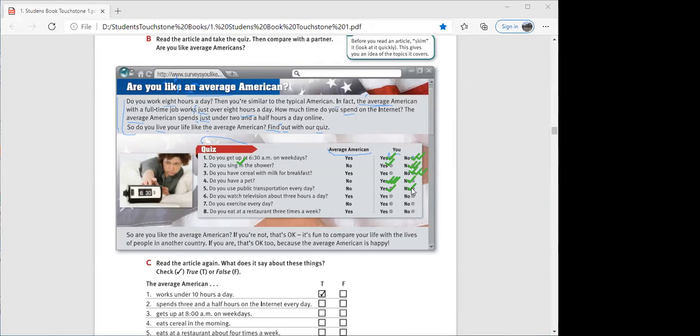Lupita? No. Alejandra? Yes. So we have 2 and 2. So the American says no. Well, nowadays, most of the Americans use the train because it's easier and convenient and cheaper.